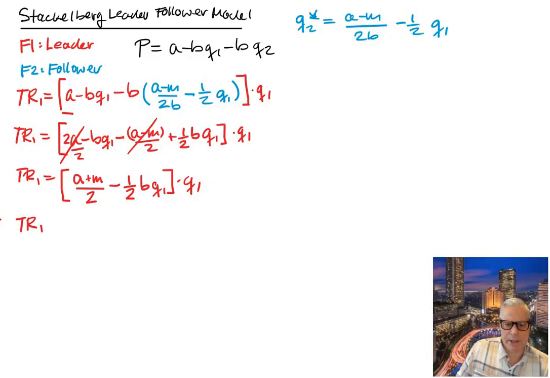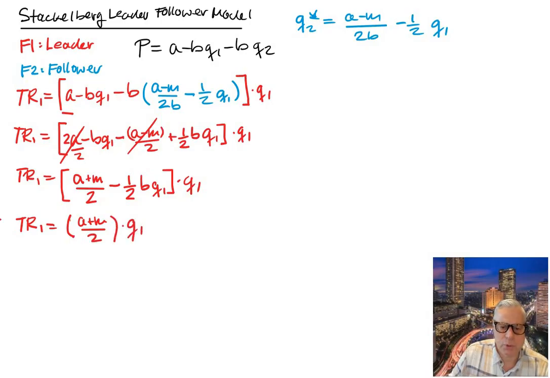Okay, so now total revenue. So now we can multiply through. So that's (A plus M) over 2 times Q1 minus 1/2 B Q1 squared. So that's the total revenue function.